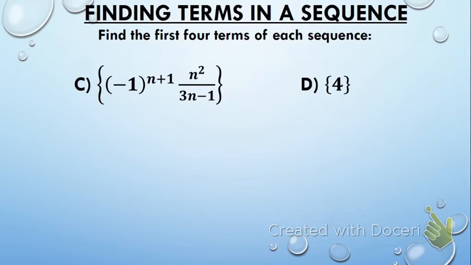Find the first four terms for part C. Yes, that -1 with the exponent on it is being multiplied to the fraction there. Yeah. So right here, you'll multiply those things together.